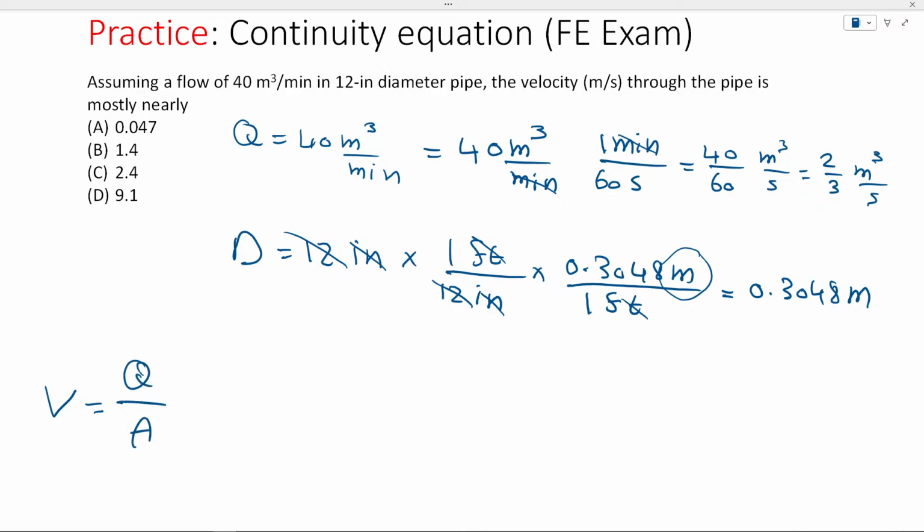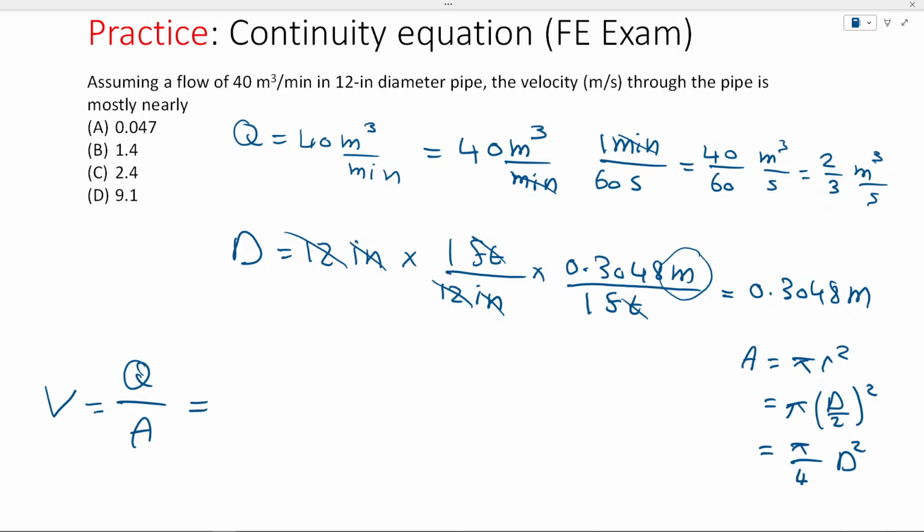So velocity is equal to Q over area. And we know that area is pi r square, where r is diameter over 2, so that would be pi over 4 d square. Can we do this? Yes, we can.